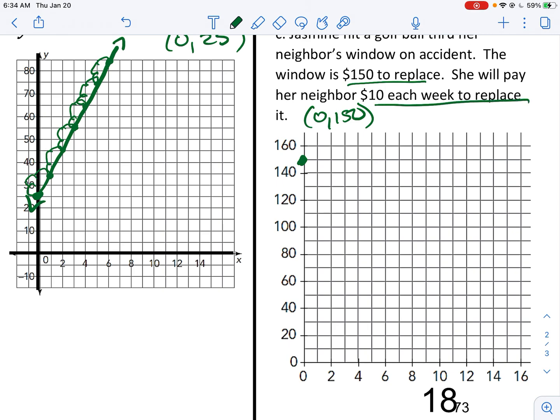And it's $10 each week. So that's the same thing as saying per. So our slope is going to be 10 over 1. But we're going down because the money is getting less and less. So I'm going to go down. Now each one of these is going up by tens. So I just have to go down and over 1. Down 1, over 1. Down 1, over 1.